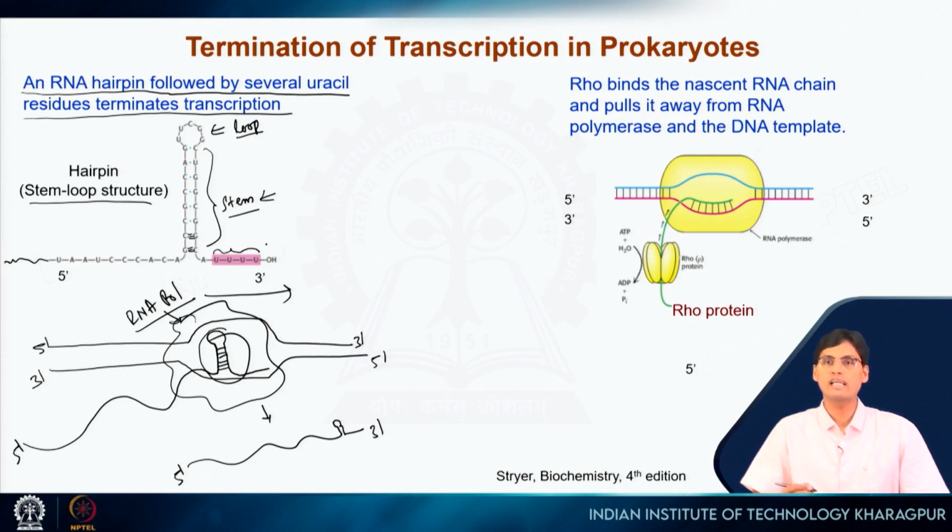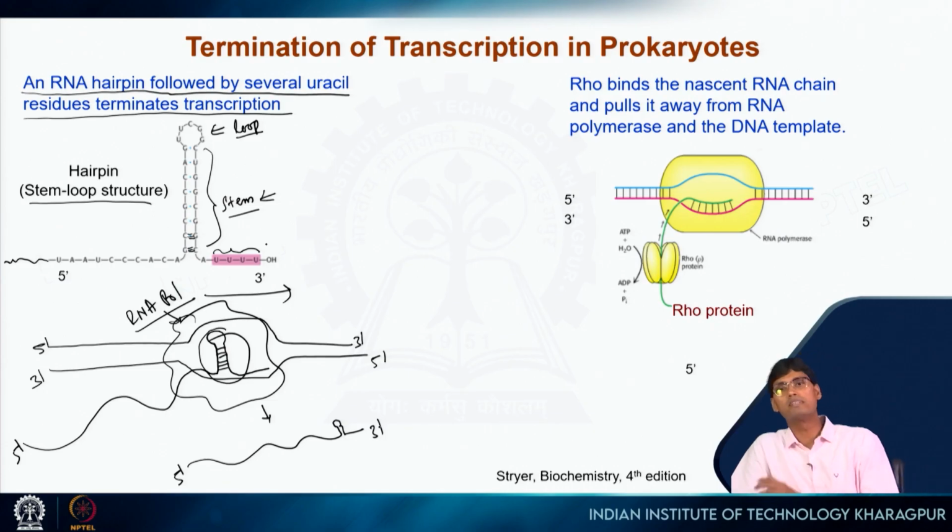So with the stem loop structure followed by multiple U residues, the template and the nascent RNA have Watson-Crick base pairing. If you have U on mRNA and A in the template strand, you need less energy to dislodge this nascent mRNA. So the stem loop structure followed by multiple U residues even helps remove this nascent RNA from the transcription complex.